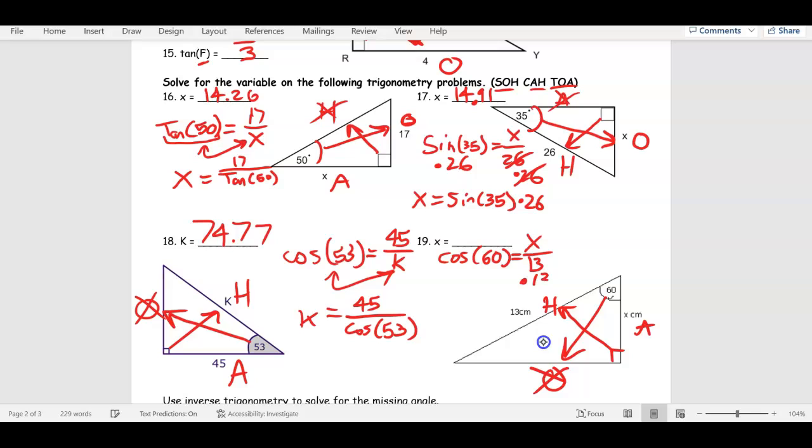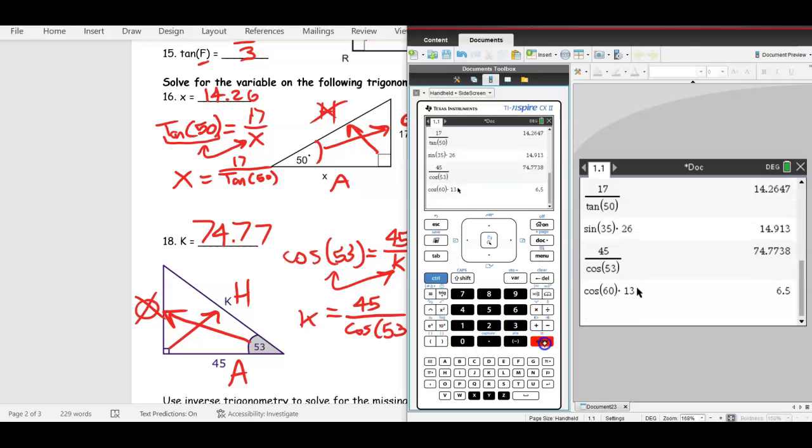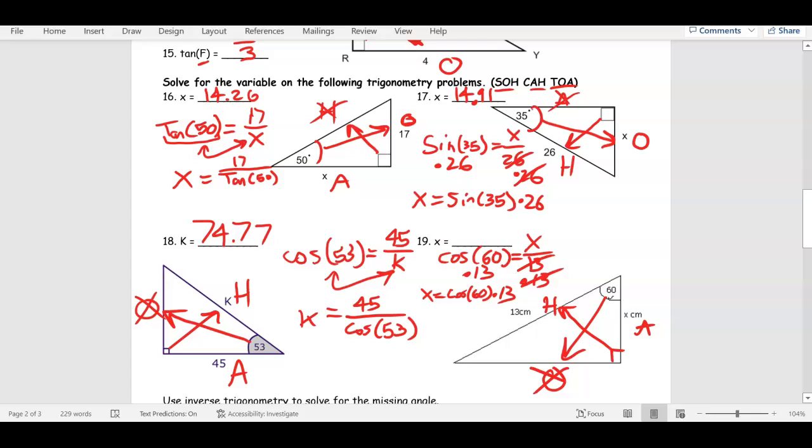So times 13 on both sides. Cosine 60 times 13. What is cosine 60 times 13? Cosine 60 to the right times 13. Get 6.5.